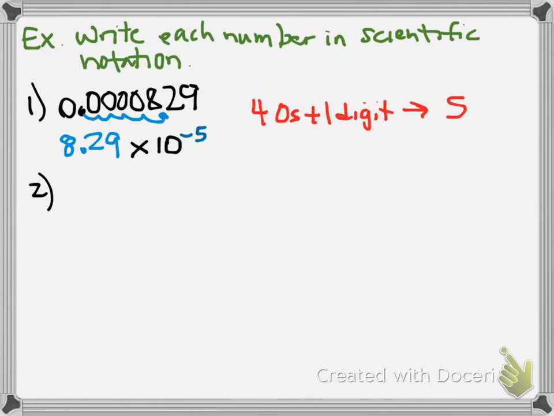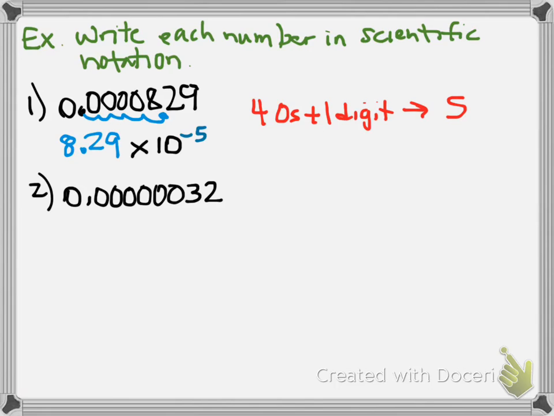Okay, so let's try the next one. This one has 1, 2, 3, 4, 5, 6 zeros, followed by 3 2. So that's tens, hundreds, thousands, 10,000s, 100,000s, millions, 10 millions. So 3,200 ten-millionths. That's pretty small.